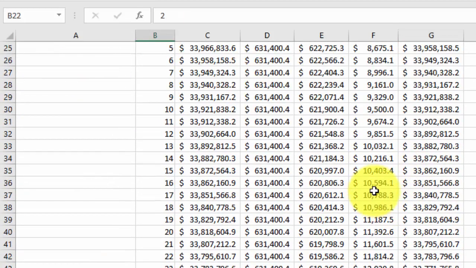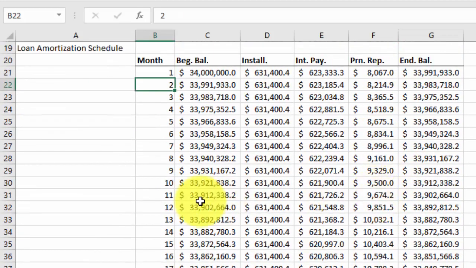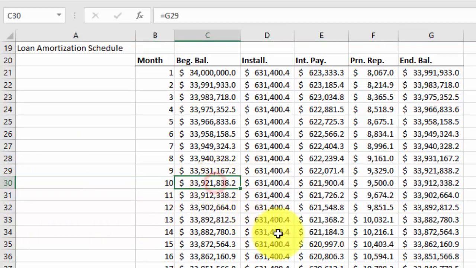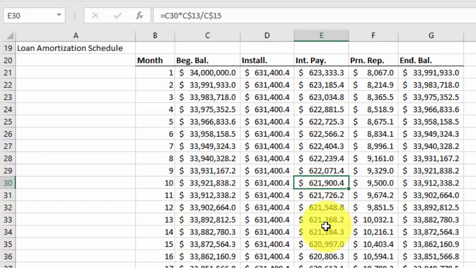From this schedule, for any month, for example, if you want to know the balance of the 10th month, you can see in month 10 the beginning balance is 33.92 million, and the installment is equal for every month. Out of the installment on the 10th month, you are paying 621,900.4 interest payment, and the principal paid in that month is 9,500.